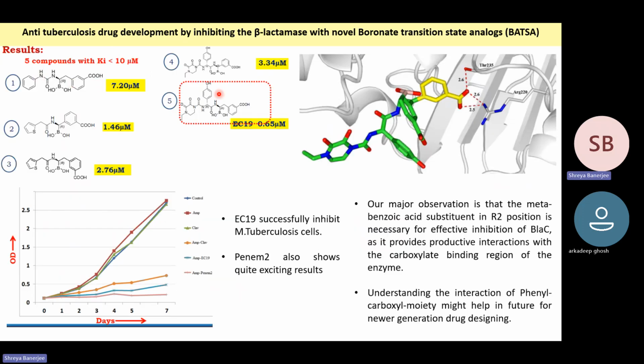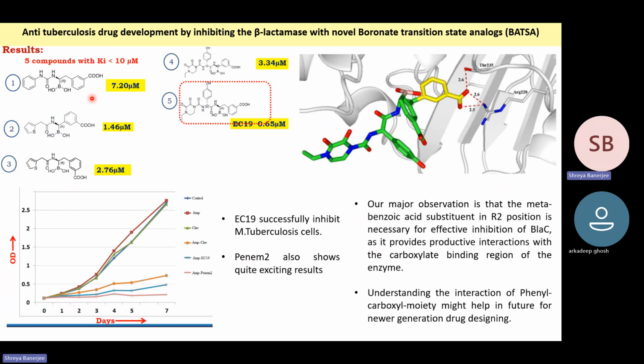And several lead compounds were designed containing the boronate residue. You can see B(OH)2, the boronate residue, is there in several lead compounds. And all of these show different levels of micromolar binding to the tuberculosis bacteria. So these are all possible drug molecules which show decent binding to the tuberculosis bacteria.